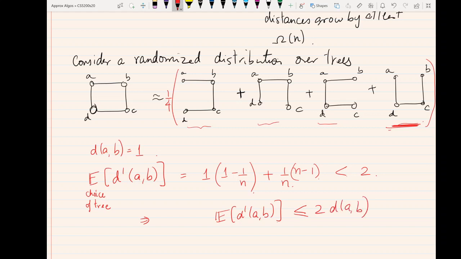And the way we have set up these trees, it's always true that d prime of AB is greater than or equal to d of AB. So here it's d and here the distance is d prime.